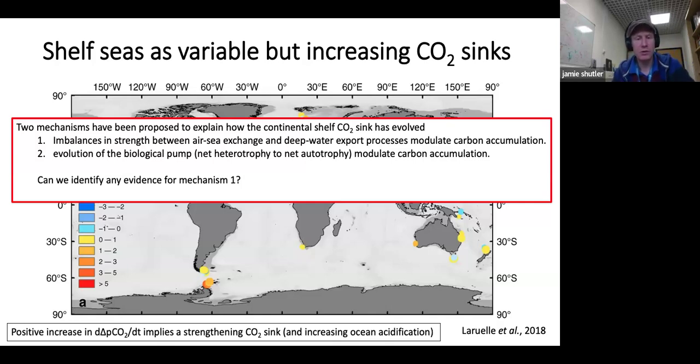They offered these two hypotheses to explain the observation they made. And so we wanted to see whether we could see any evidence of the first one. So here we're looking at the differences in exchange at the surface and whether there's any control with the export of the water at depth.